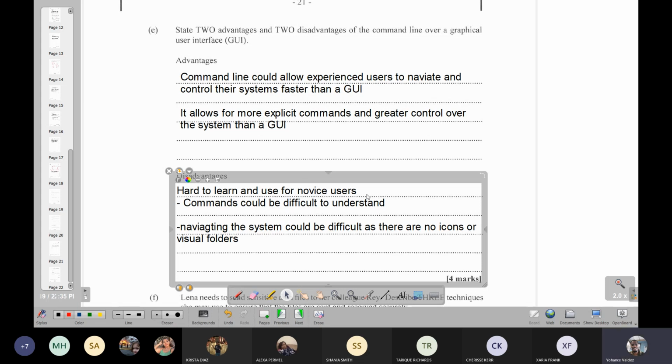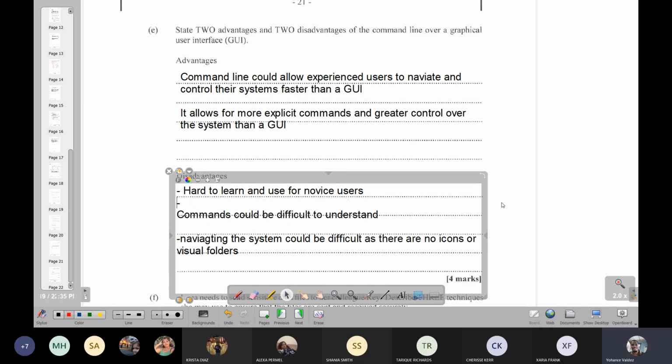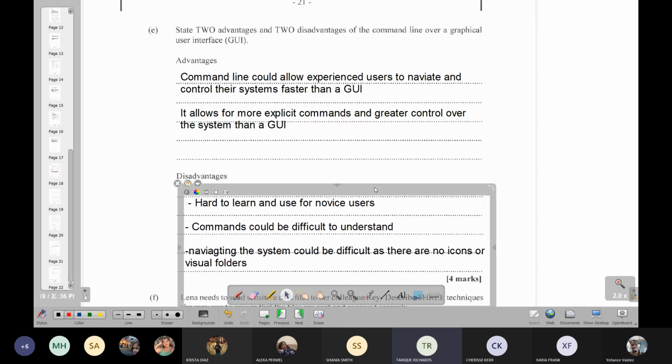So if you want to break it down a little more than just simply saying hard to learn and use for novice users. Yeah, it's kind of broad, because I was going to say it has a lot of commands for command line.